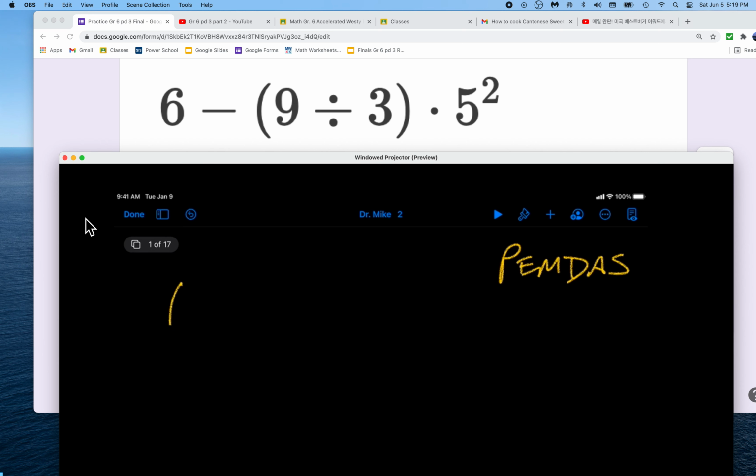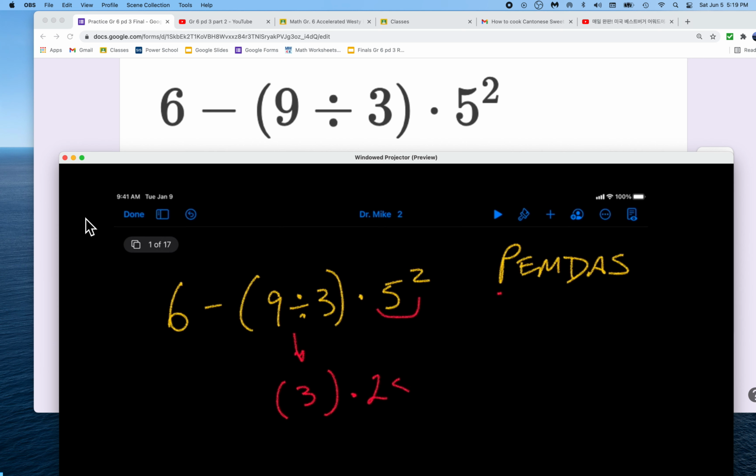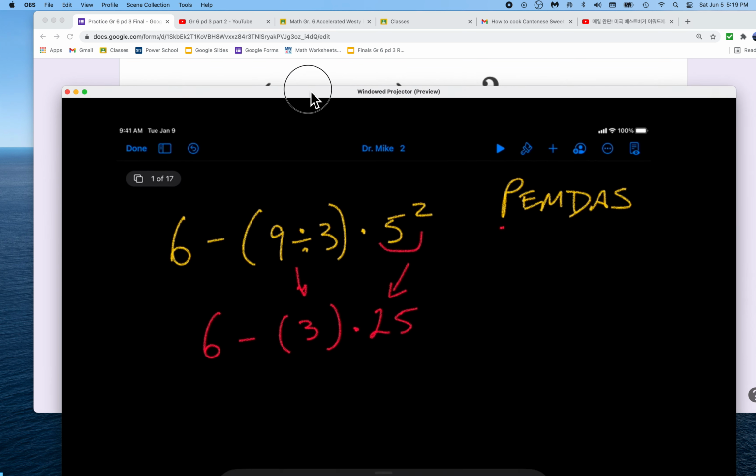Okay, so we have 6 minus 9 divided by 3 times 5 squared. We do parentheses first. 9 divided by 3 is 3. Next, we're going to do exponent. It's going to be 25. 6 minus 3 times 25.